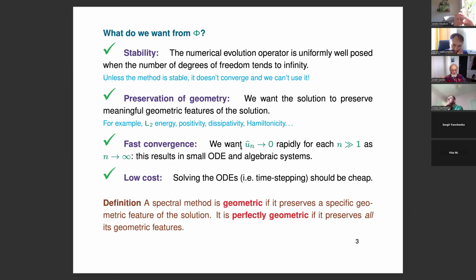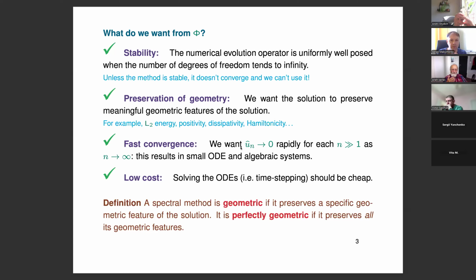In general, the advantage of spectral methods is that the expansions may converge very rapidly, because the faster the convergence, the smaller the set of ODEs we need to solve, and the smaller the set of ODEs, the less it costs.